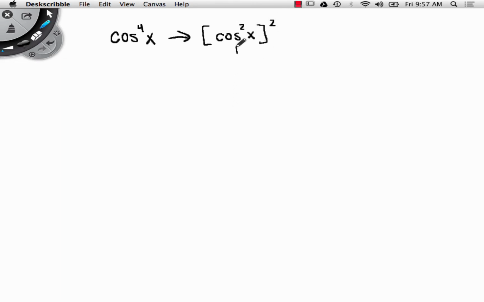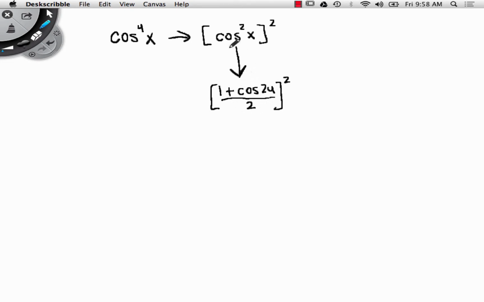Now I substitute the inside. So this becomes 1 plus cosine 2u over 2. This just comes from that power reducing formula.